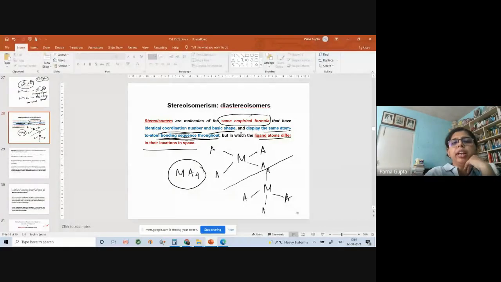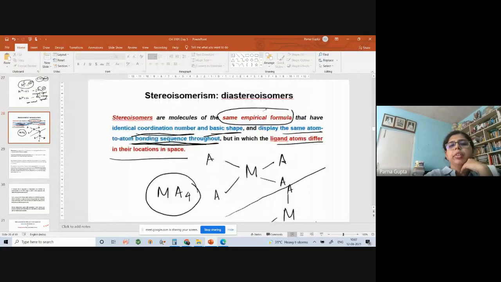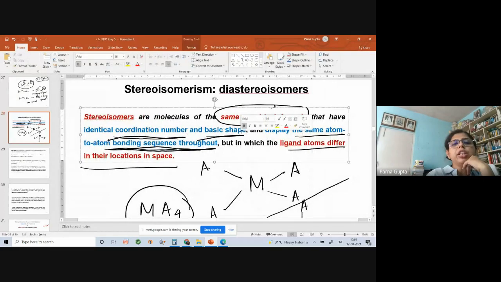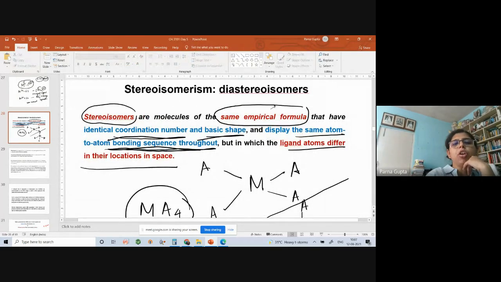Again I am telling you, when you say stereoisomer, all of you know it means the same empirical formula, identical coordination number and basic shape, and the same atom to atom bonding sequence throughout, but the ligand atoms differ in their location in space.